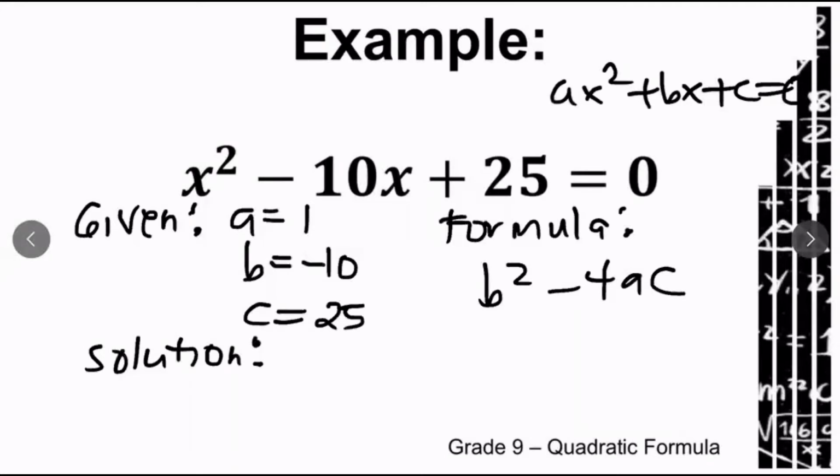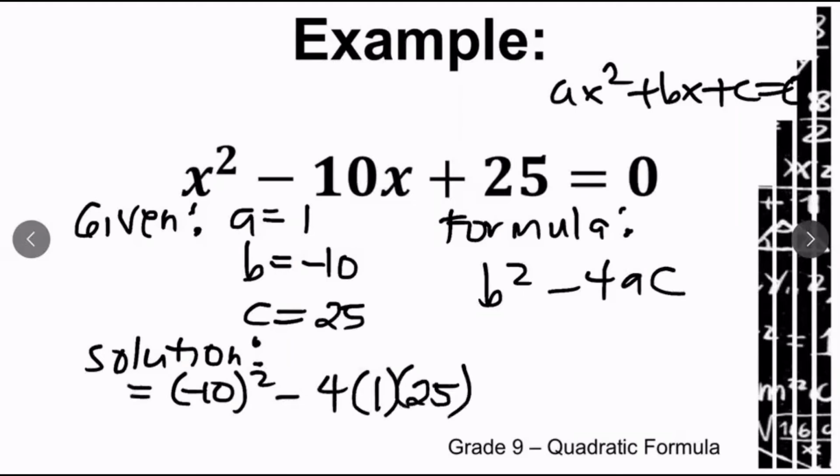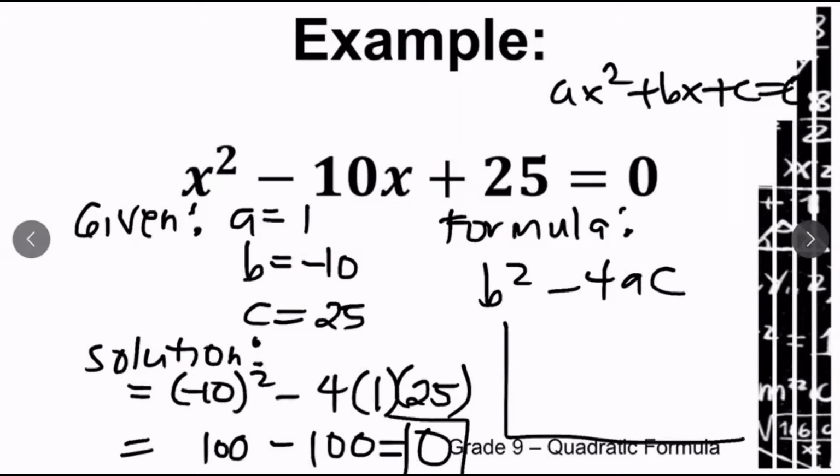So our b is negative 10 squared minus 4 multiplied by a multiplied by c, which is 25. Solving it, negative 10 squared is 100 minus 4 multiplied by 1 is negative 4. Then negative 4 multiplied by 25 is negative 100. Then 100 minus 100 is just 0. Therefore, our answer is 0.